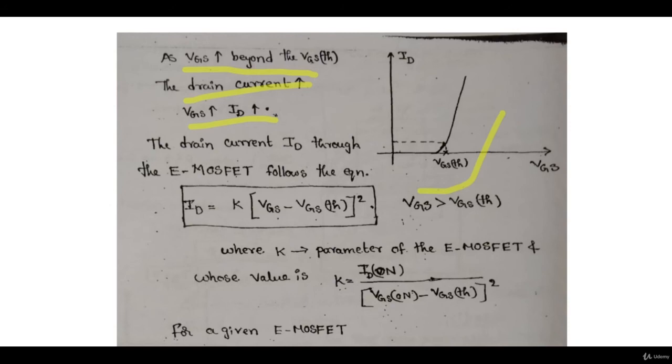There is a threshold voltage, and once VGS crosses the threshold voltage, your ID will be increasing. But you can see that the increase in the current is not as much as the change you can have by tweaking the value of VDS in the previous characteristics.